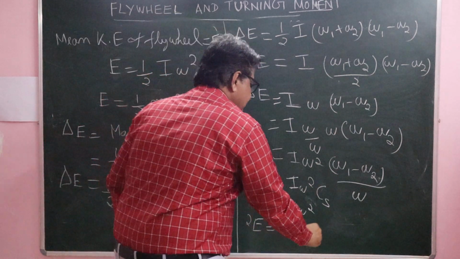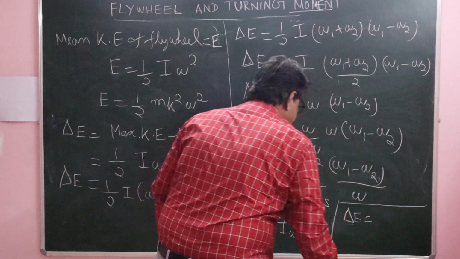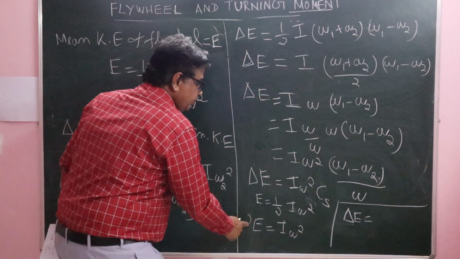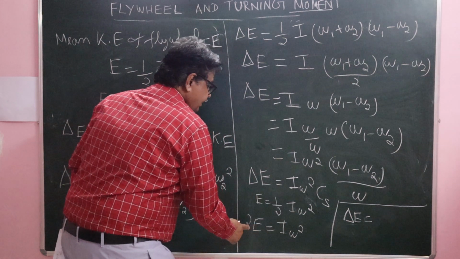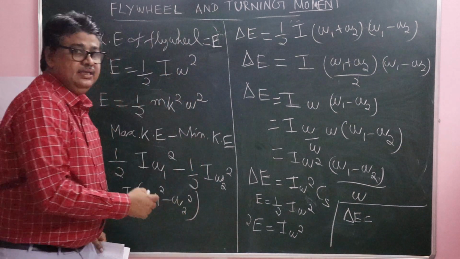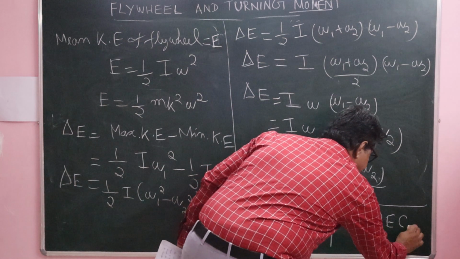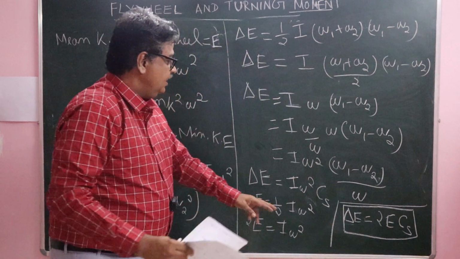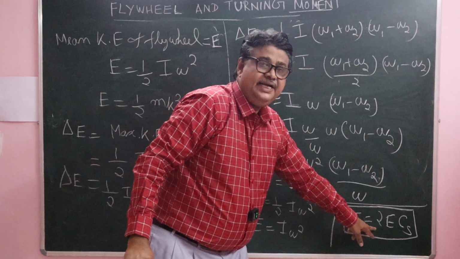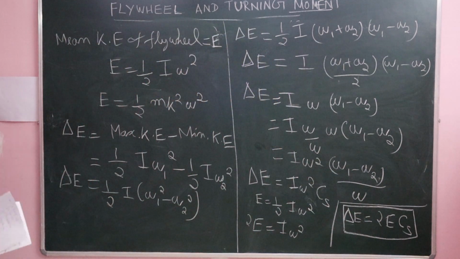Substituting this, you will get the maximum fluctuation of energy delta E is equal to 2E Cs. This is the equation: maximum fluctuation of energy delta E is equal to 2 into the mean kinetic energy stored in the flywheel into the coefficient of fluctuation of speed. So this is the derivation.